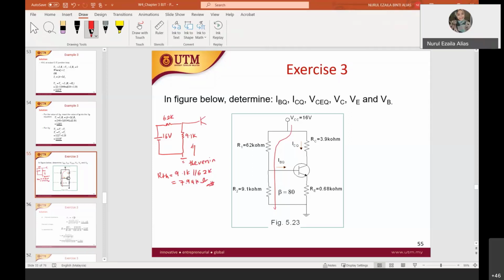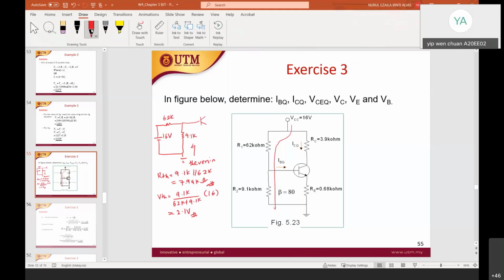Same answer. Great. So V Thevenin is equal to 9.1K over 62K plus 9.1K times 16. How much here? 2.1 volt. Everyone get 2.1 volt? Great. Very good.